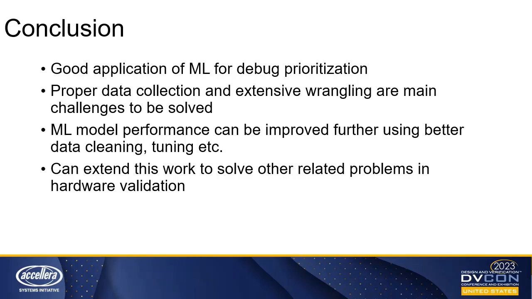Then the machine learning model performance can be improved further by using better data cleaning techniques, better hyperparameter tuning, exploring more machine learning models, etc. And finally, we can also extend this work to solve other similar and related problems in the field of hardware validation.